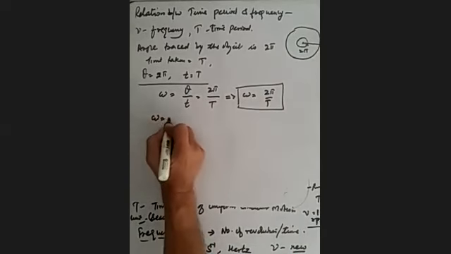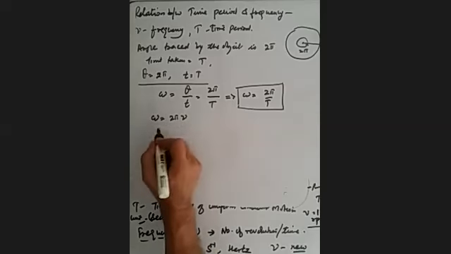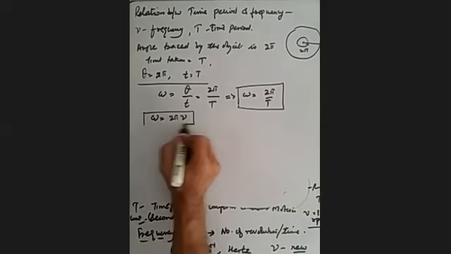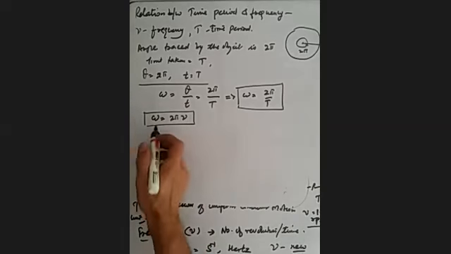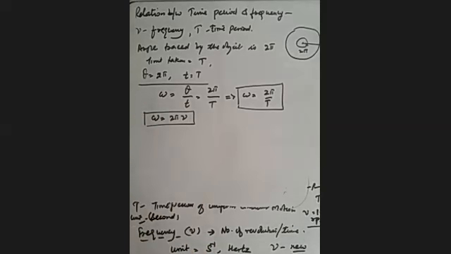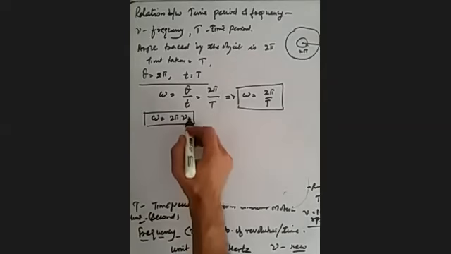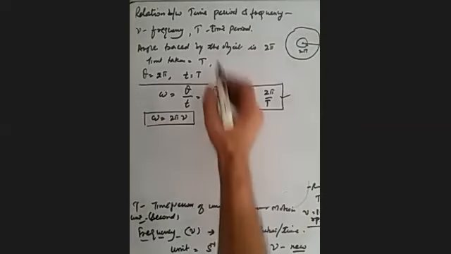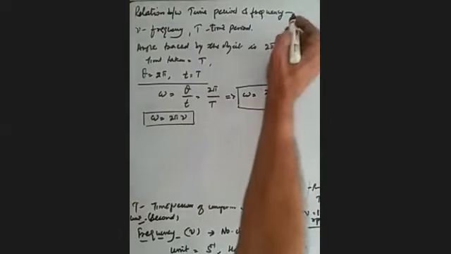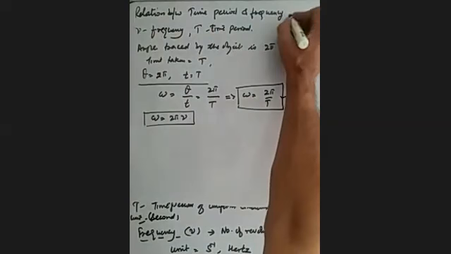So omega is equal to 2 pi nu. So this is the relation between the angular frequency and the normal frequency, and this is the relation between angular frequency and time period. So this is the relation between time period, frequency as well as angular frequency.